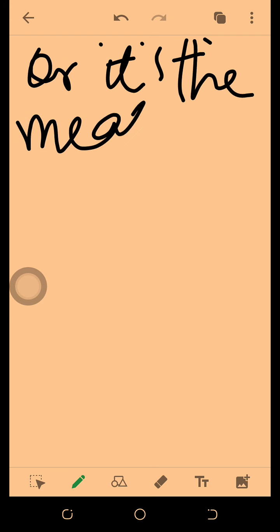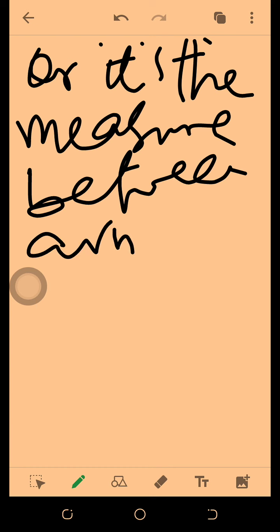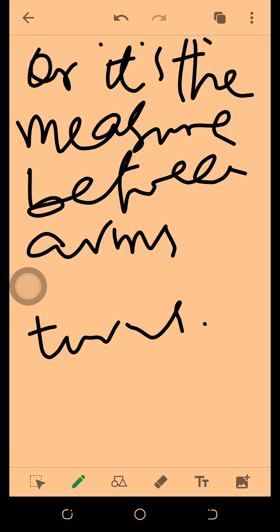It is the measure between arms turns. Good. So let's look at an example of how an angle is being formed.